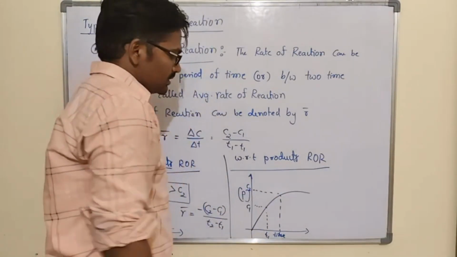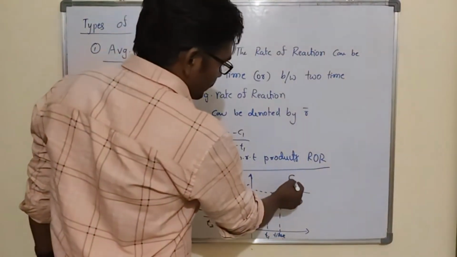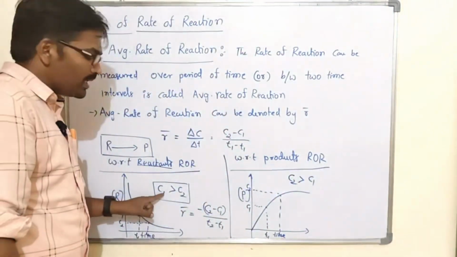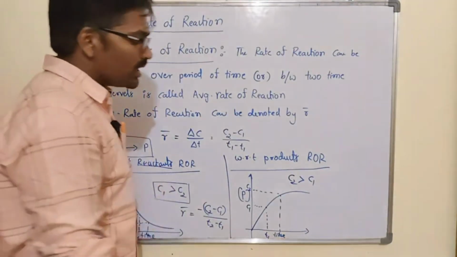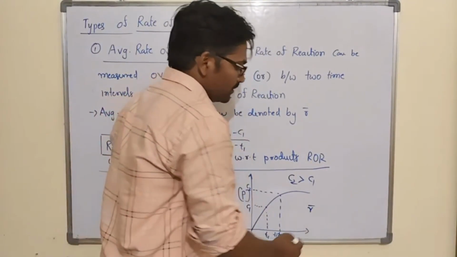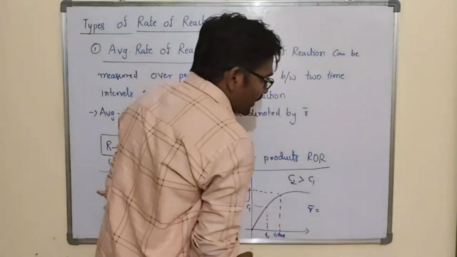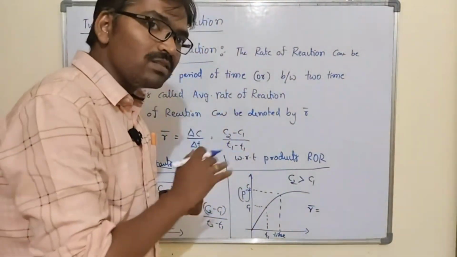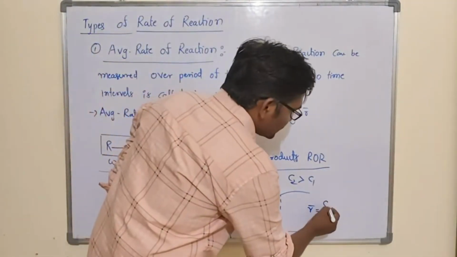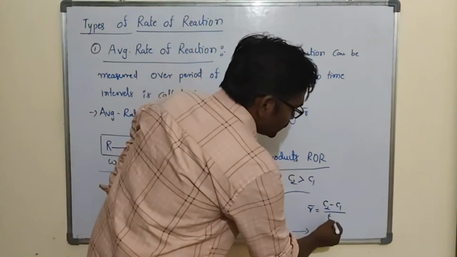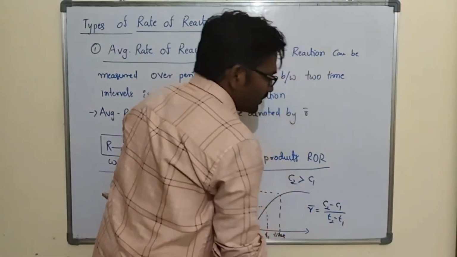You can observe in this case, C2 is greater than C1, unlike the reactant case where C1 is greater than C2. So when calculating the average rate of reaction, there is no need to mention the minus. Simply we take C2 minus C1 divided by T2 minus T1.